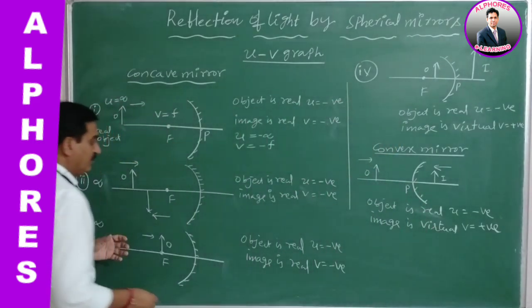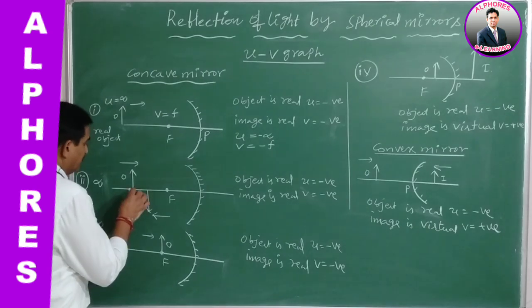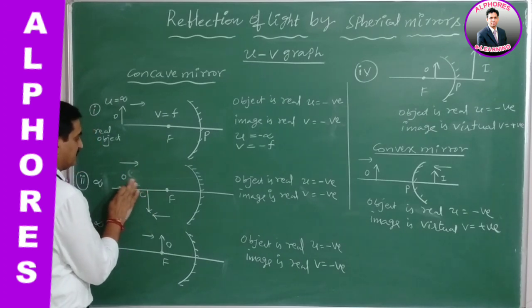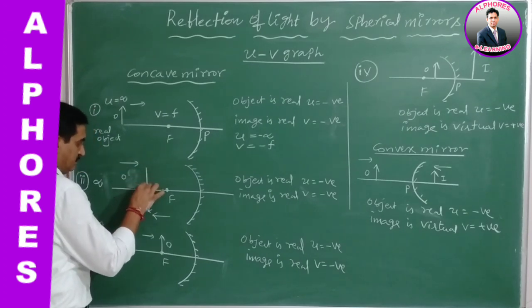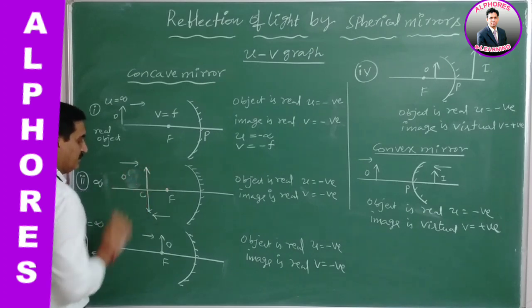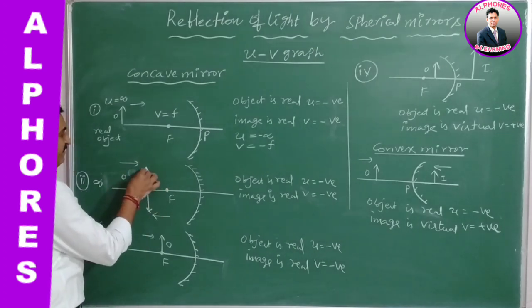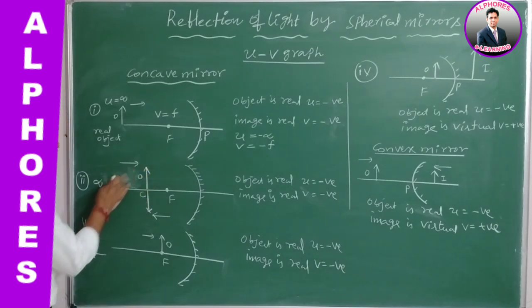Suppose you go for another point, the object is exactly at point C. Suppose this is the center of curvature, the object is taken over here at point C. Now the image is also formed at the same point, having the same size.